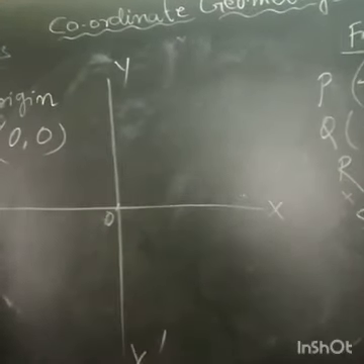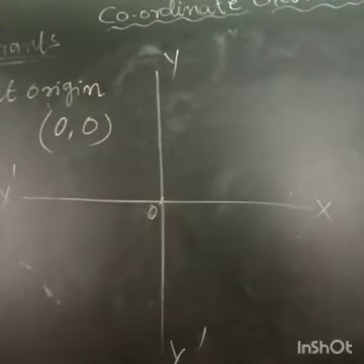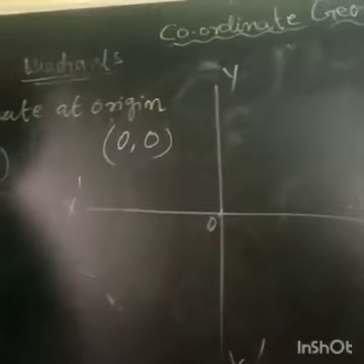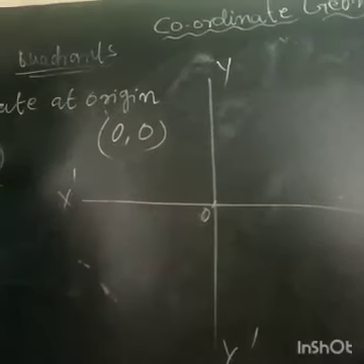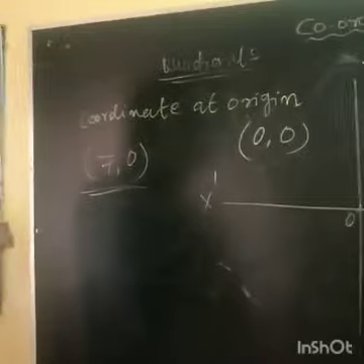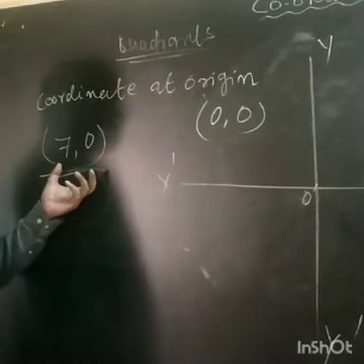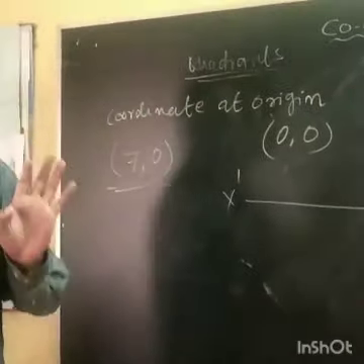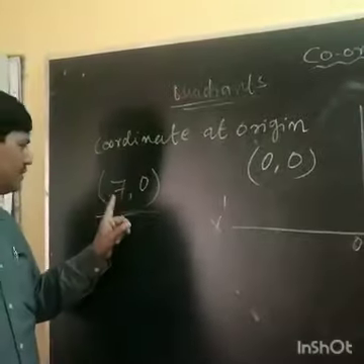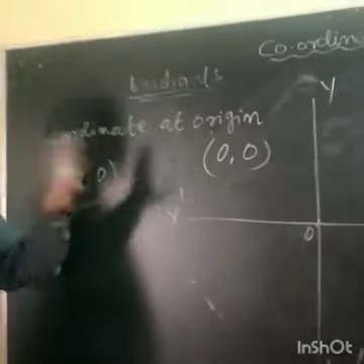Now, if it is asked in which quadrant the coordinate 7, 0 lies, can you say? Yes, it does not lie in any of the quadrants. If the ordinate is 0, it will not lie in the quadrants.